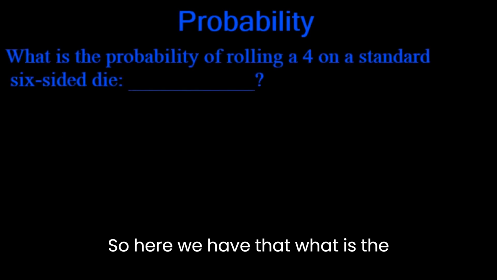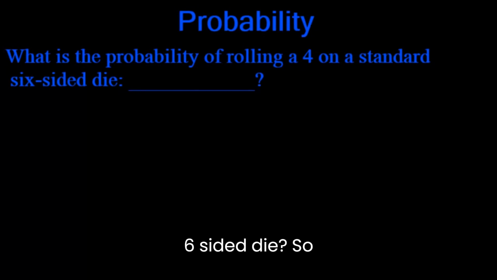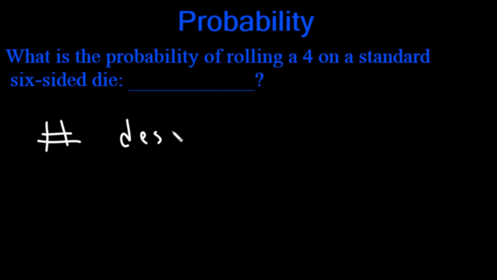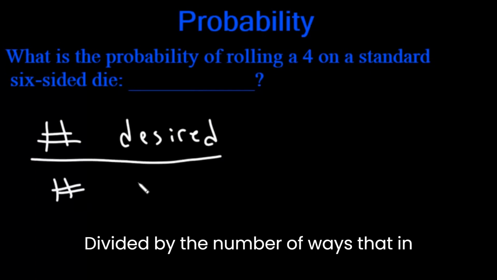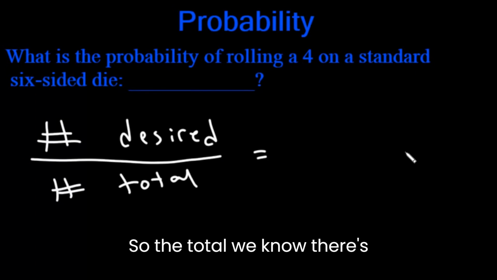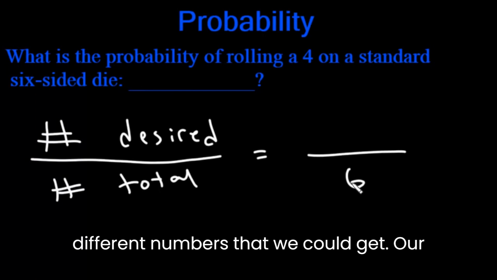Here we have: what is the probability of rolling a 4 on a standard 6-sided die? So we have the number of ways desired divided by the number of ways in total. The total, we know there's 6 faces on a die, so there's 6 different numbers that we can get.